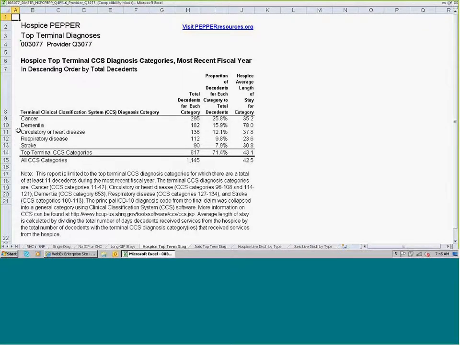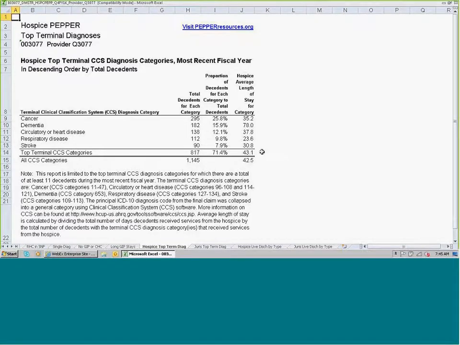5 categories, we identify the total number of decedents for each of those categories, and this is sorted in descending order on this variable. We identify the proportion of decedents for each category to the total decedents, and also the average length of stay for each of these diagnosis categories.